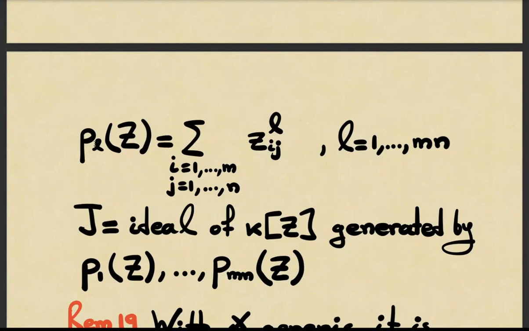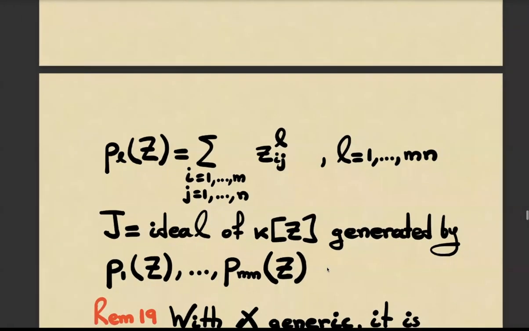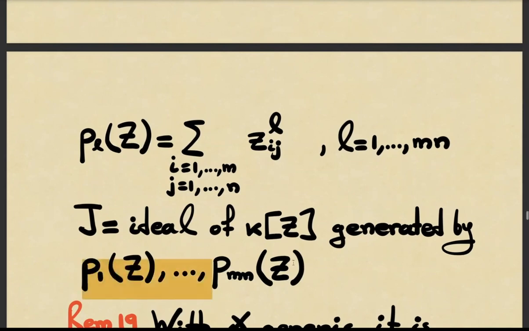So the nth power sum polynomial is the sum of the nth powers of all matrix entries. And let J be the ideal of our polynomial ring, K[Z], generated by those. Equivalently, we may look at the solution sets to those polynomial equations.